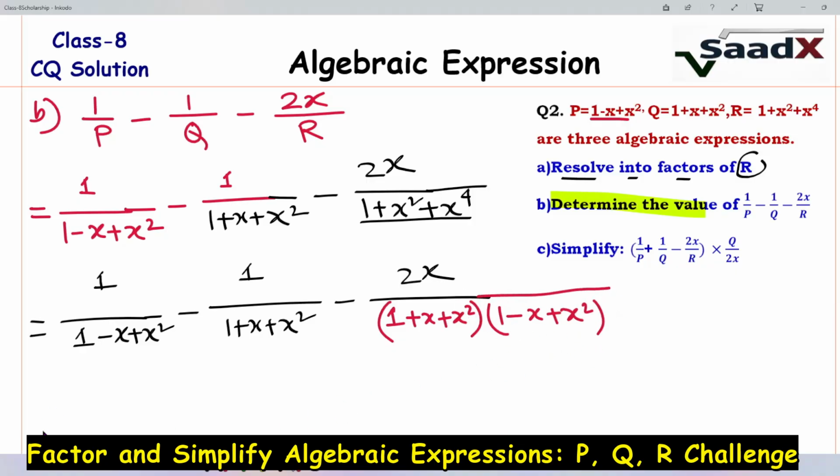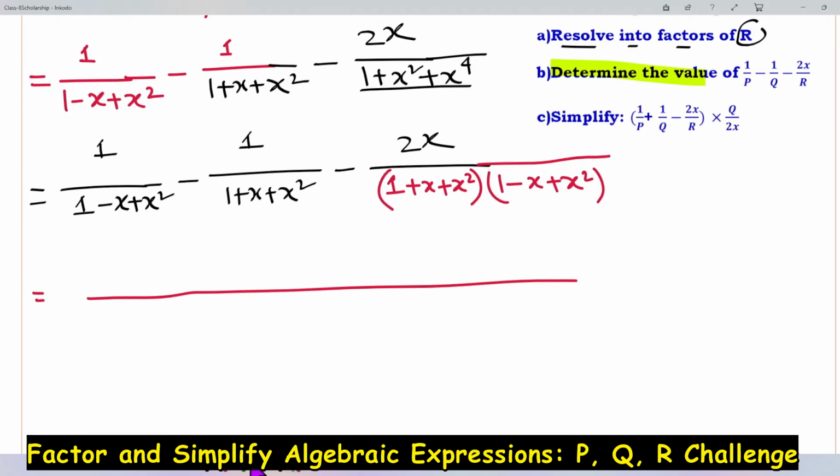Now we can make LCM. So here are 2 types of things. One is 1 minus x plus x square, another one is 1 plus x square, and both are available in R. Therefore our LCM will be 1 plus x square, then 1 minus x plus x square.